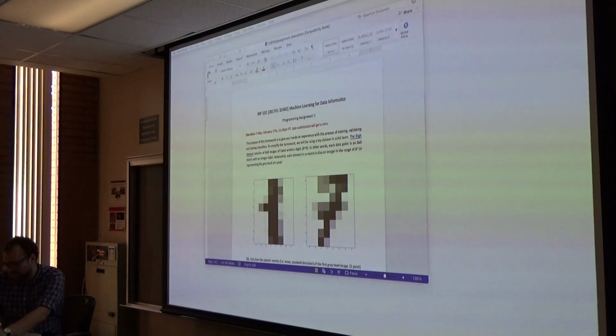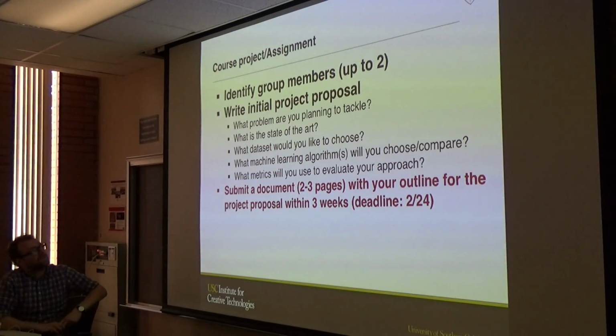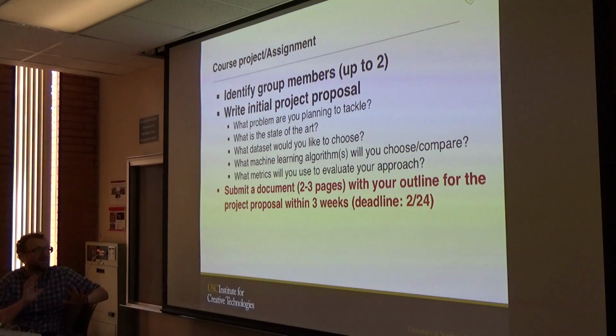What we would like to see is that, first of all, I hope that everybody has decided either to form a group or to do the course project by themselves. But we would like to have an initial outline of what you're interested in, what data set you want to tackle. Maybe you try to find state-of-the-art algorithms that tackle a similar problem.